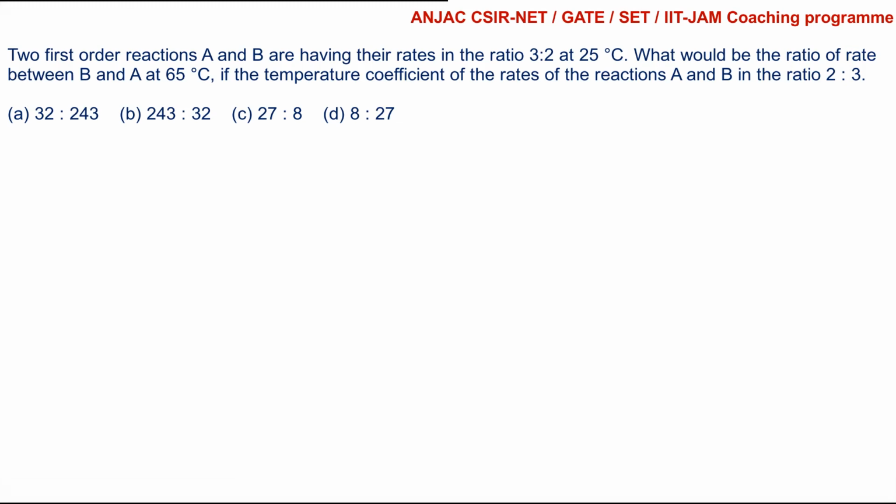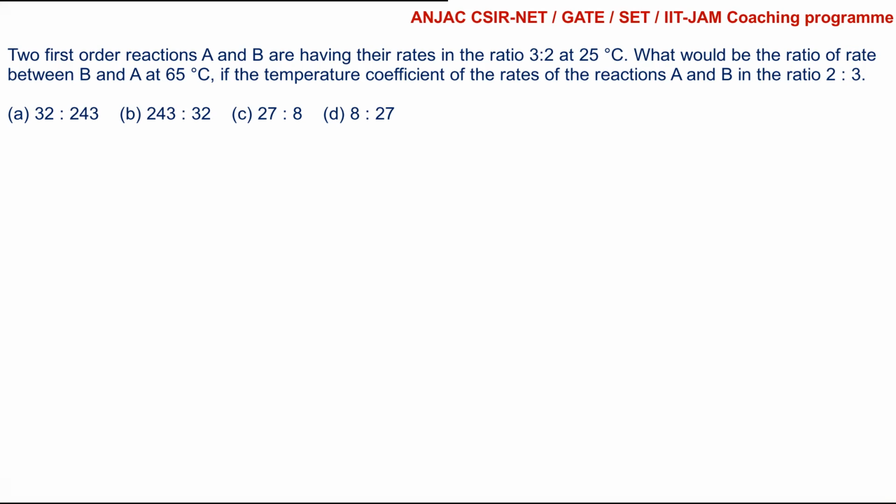What would be the ratio of the rates between B and A? Note the point here. There it is given A and B, but here the question asked is B and A at 65 degrees centigrade.